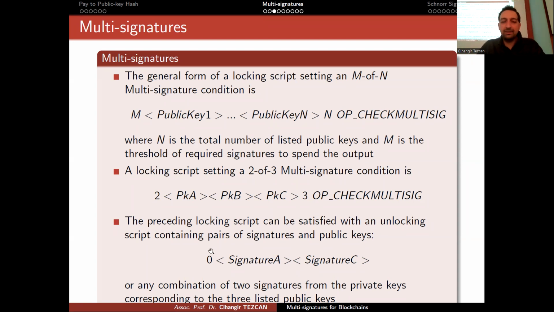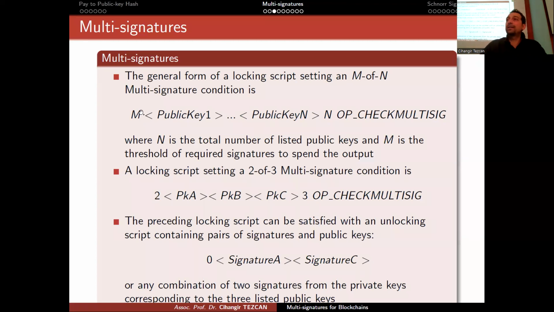But strange thing is that you might see a typo here. There is a 0 here, right? But I didn't do it unintentionally. I deliberately put a 0 here. The problem is that there is a bug in this opcode. Whenever you create an M of N multi-signature, this opcode should expect M inputs, right?